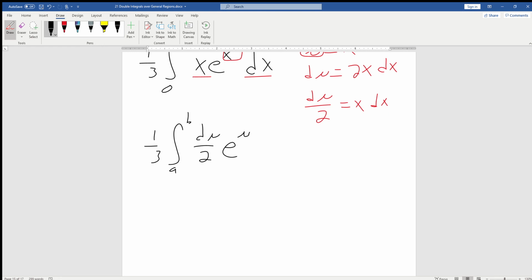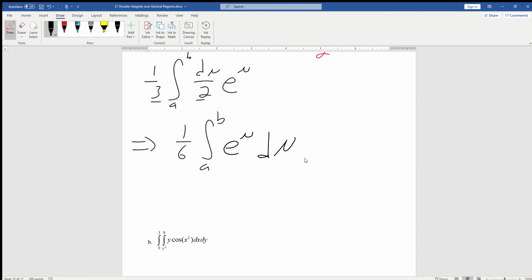Another way to rewrite this integral would be 1/6. We have our 2 and our 1/3. Integral a to b, e to the u du. We like e to the u du. It's about as basic as we can get. So we're just going to evaluate. This just becomes 1/6 e to the u from a to b.